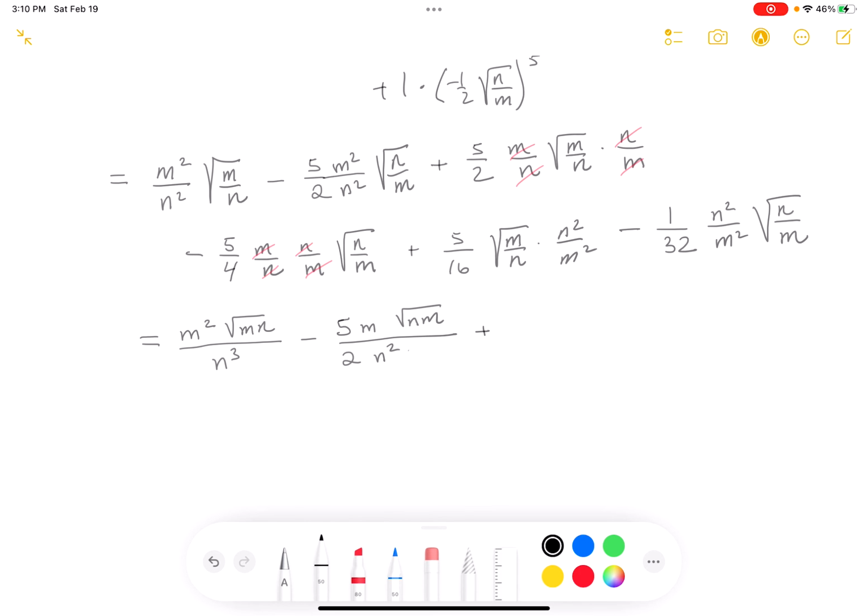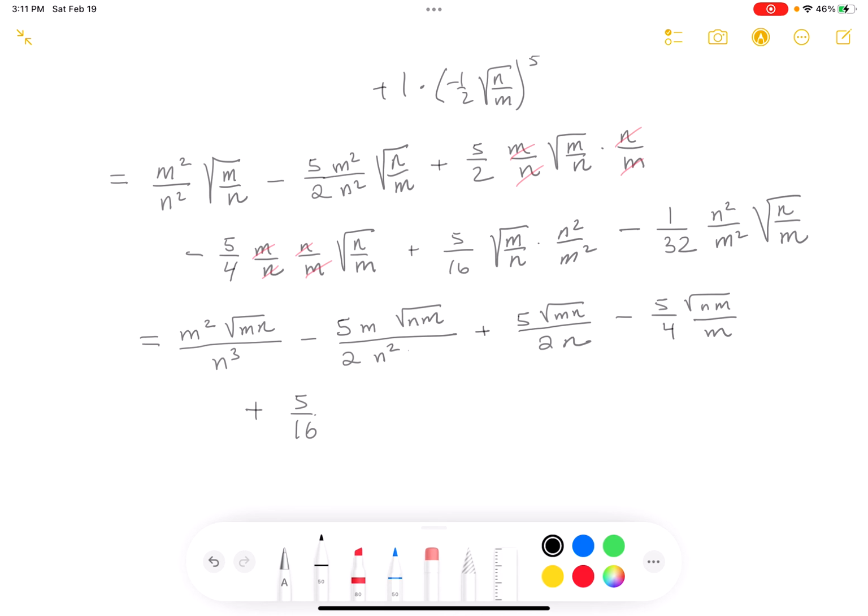Plus 5 root mn, or nn, doesn't really matter, over 2n. All right? Let's go to the next one. Minus 5 quarters the root of nm over m, plus 5/16.